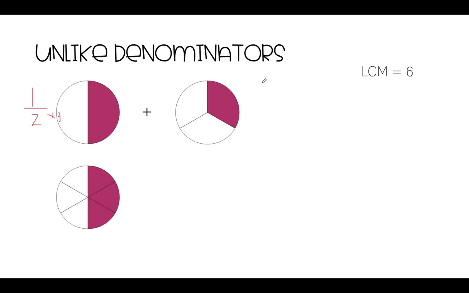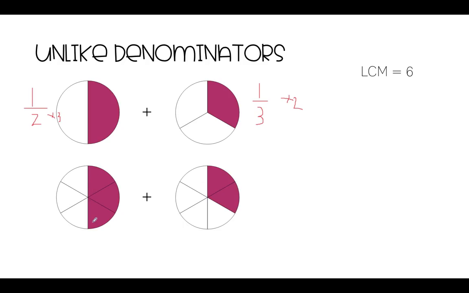Now we're going to do the same with the second fraction. So if we have 1/3, what do I multiply 3 by to make it equal 6? I multiply it by 2. So 1 times 2 equals 2. And 3 times 2 equals 6, so we end up with 2 6ths.